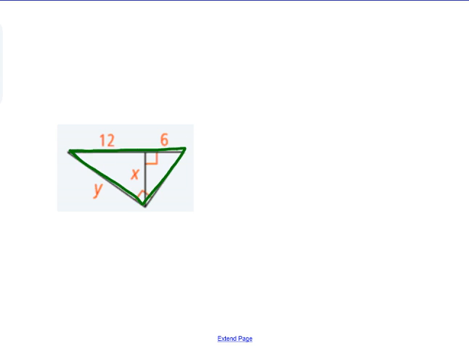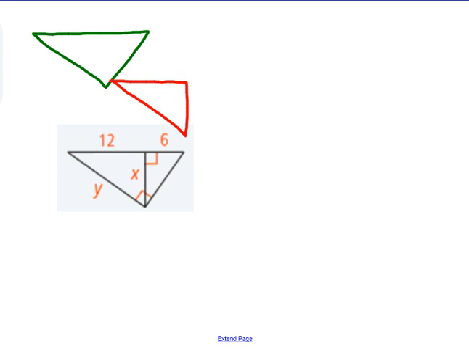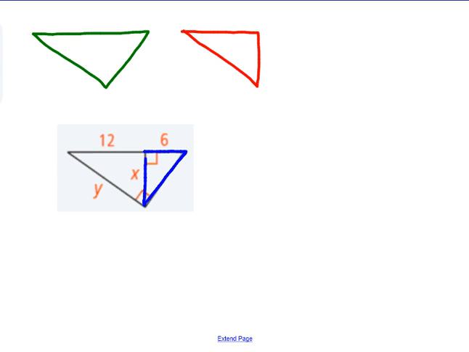So here's our large triangle. There's a middle triangle, and there's our small triangle.